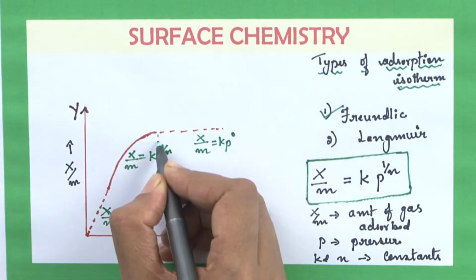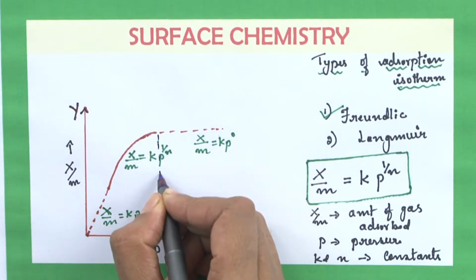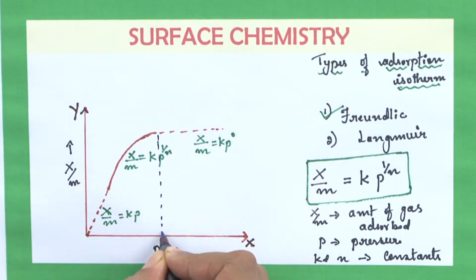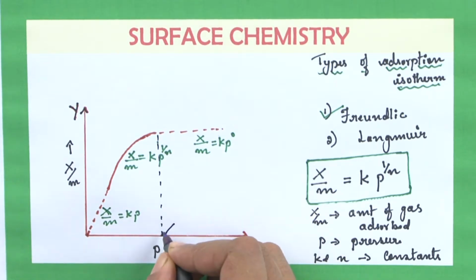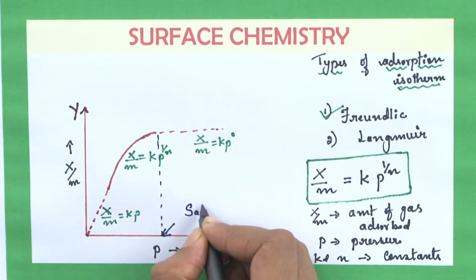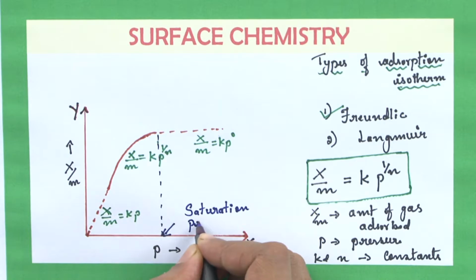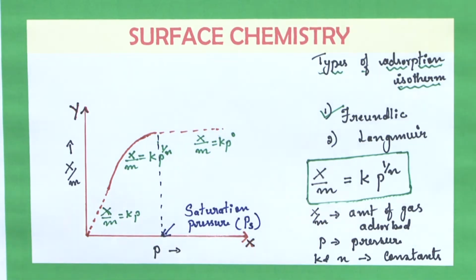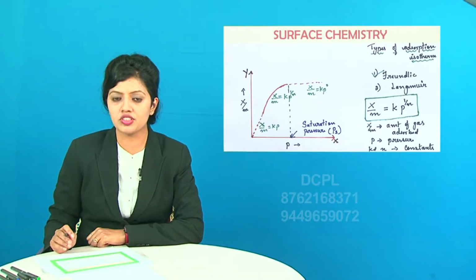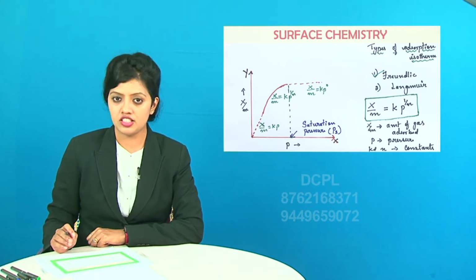And then when we draw a perpendicular, and that perpendicular meets the x-axis, this particular point is known as saturation pressure, which is represented as Ps.